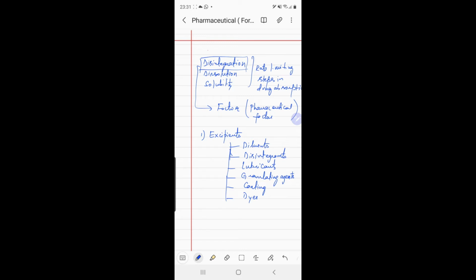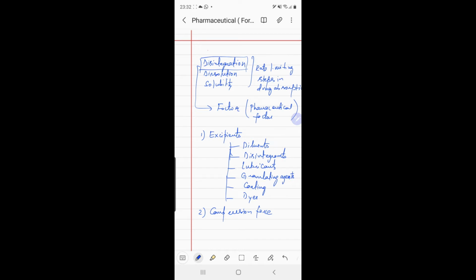Other than this, there are some formulation factors like the compression force, the compression force that is used for making the tablet. That is again one of the factors, because in some cases increasing the compression force increases the disintegration time.